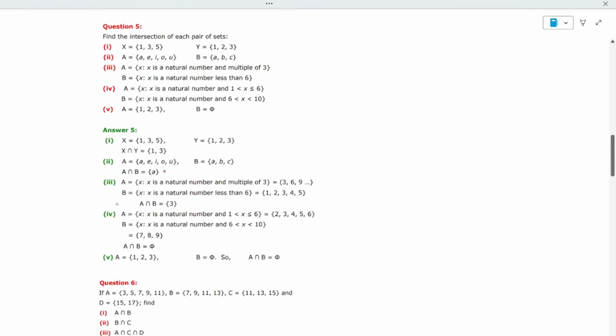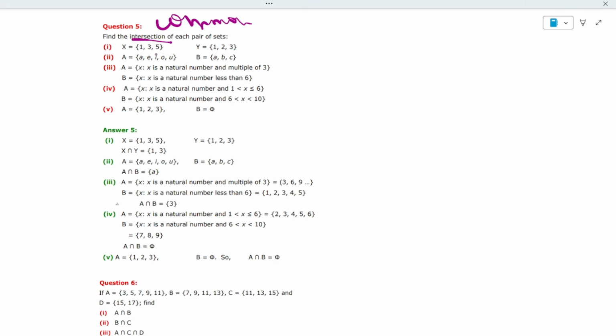Let's see the fifth question, that is we have to find the intersection. Union we saw, if the elements are repeated, we have to write them once. But in intersection, we have to write only the common elements. You have to understand that in intersection it is common, but in union we should add, like imagine it as add.